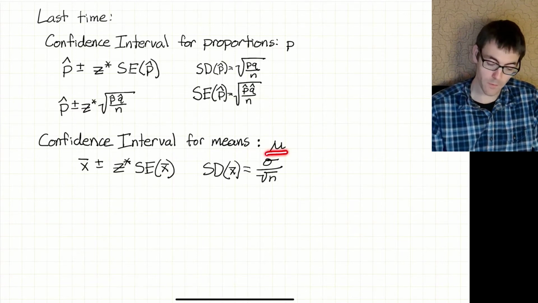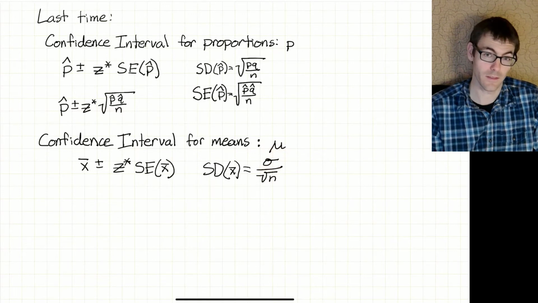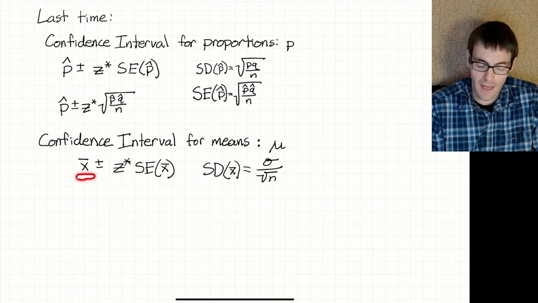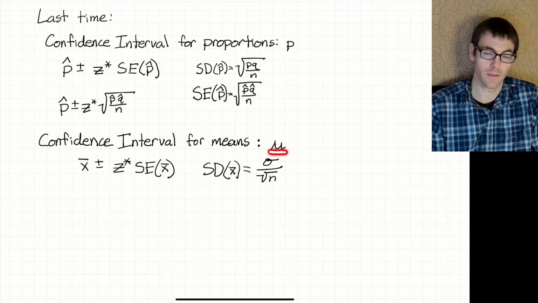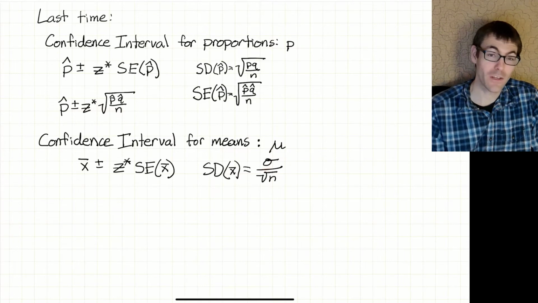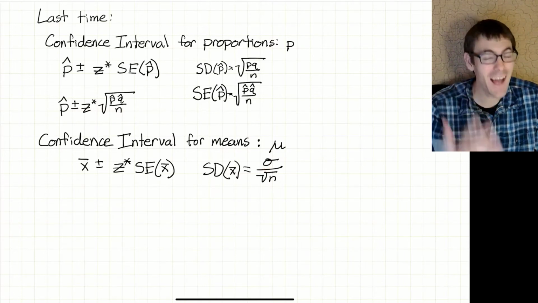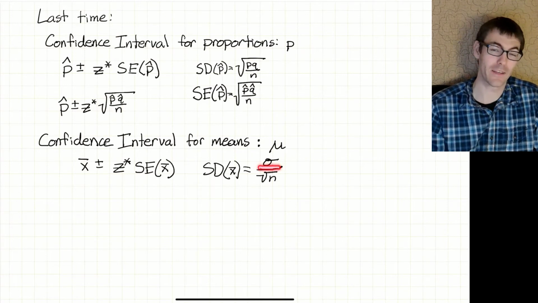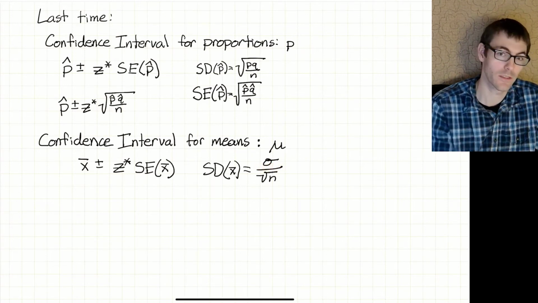Since we don't know mu or sigma, we have to estimate this. And x bar is usually a pretty good estimate for what mu is. However, s, or the standard deviation of our sample, is not necessarily a good estimate for what the standard deviation of the population looks like.